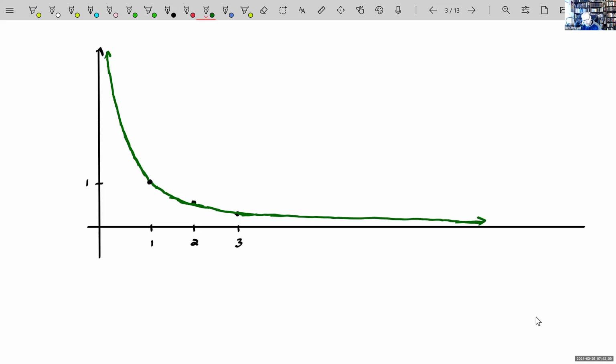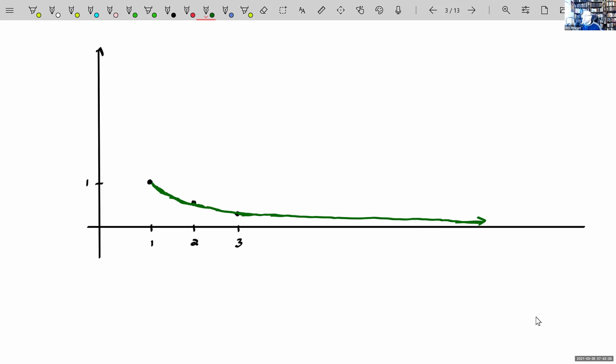Now we know from our topics in improper integration that the area underneath this curve from 1 to infinity will diverge. So let me go ahead and erase all this stuff starting at 0 and instead start at 1.